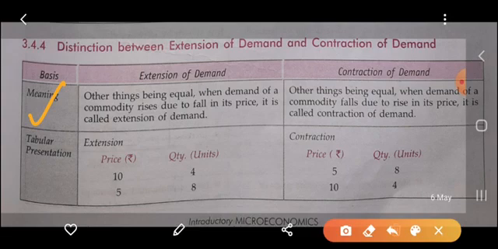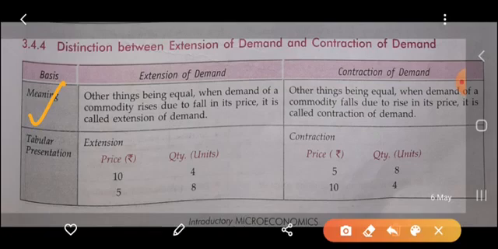In the case of contraction of demand, other things being equal, when the demand of a commodity falls due to a rise in price, the consumer demands less of the commodity, so it is called the contraction of demand.